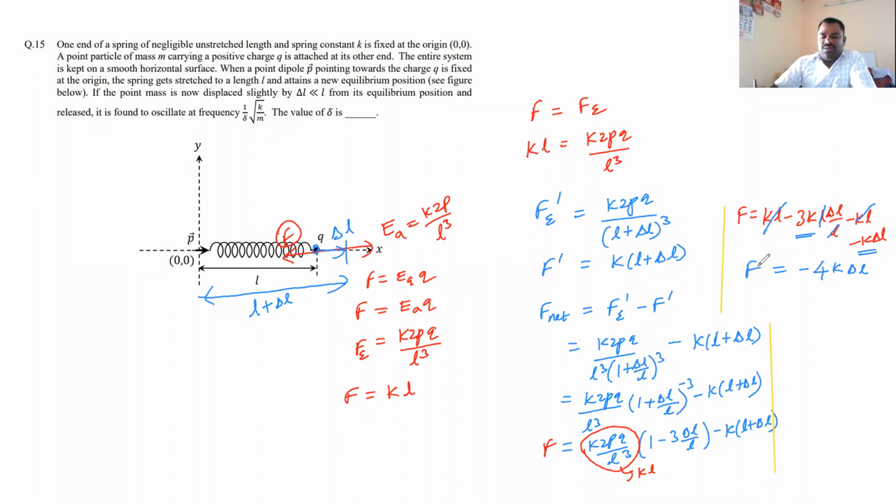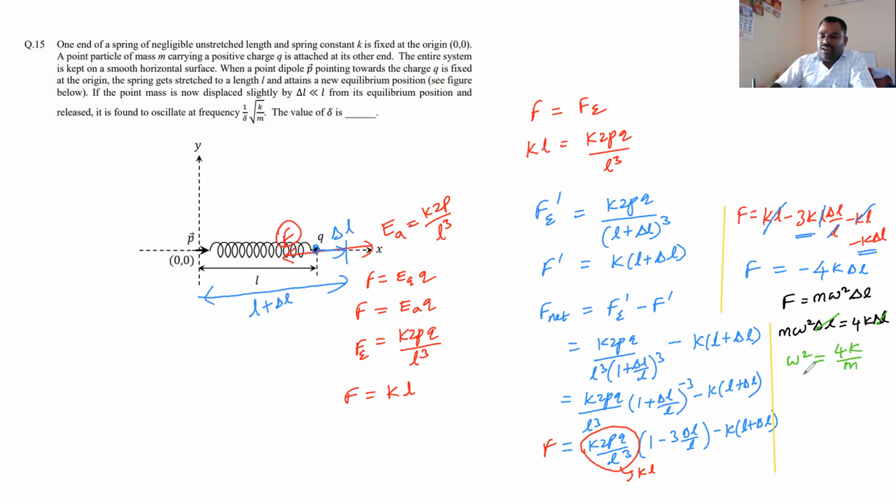Now this force, according to the definition for simple harmonic motion, is m omega square x, where x is the displacement from the mean position, that is delta L. Comparing these two equations, m omega square delta L is equal in magnitude to 4k delta L. Cancelling delta L, omega square is equal to 4k by m.